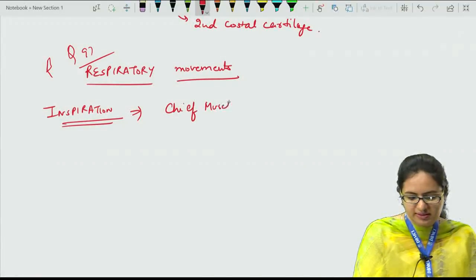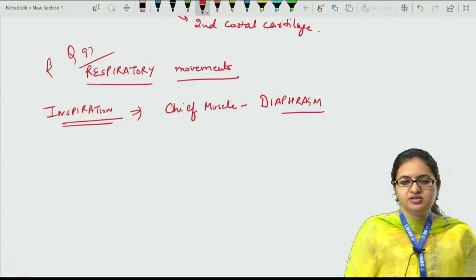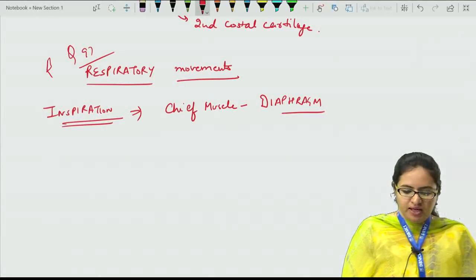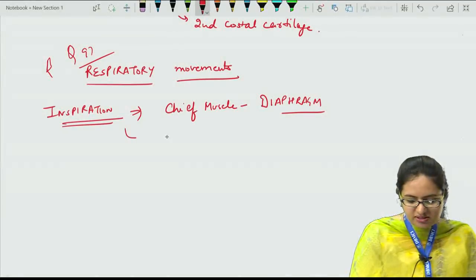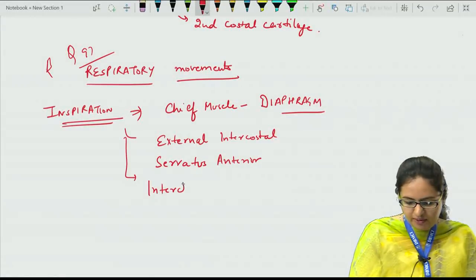So your chief muscle is the diaphragm. When this muscle contracts, it descends downwards and increases the vertical diameter of the thoracic cavity, and therefore it gives space to the lungs for expansion. Apart from this, other important muscles which help are the external intercostal muscle, then the serratus anterior, and the interchondral part of the internal intercostal.